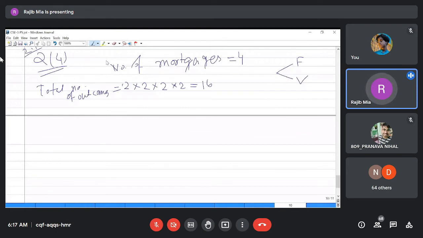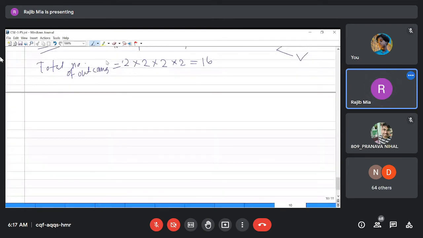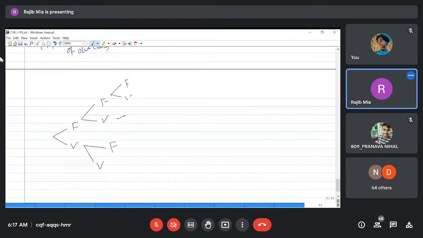So there are 4 mortgages. For the first, the possibility is fixed or variable. For second also, the possibility is fixed or variable. For third also, fixed or variable. For fourth also the possibility is fixed or variable.